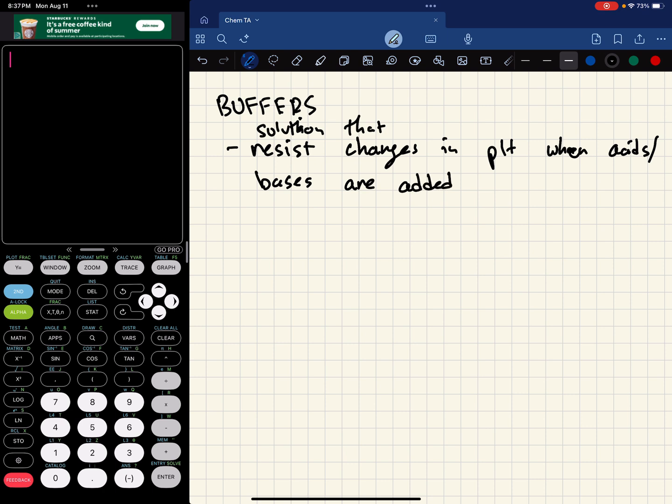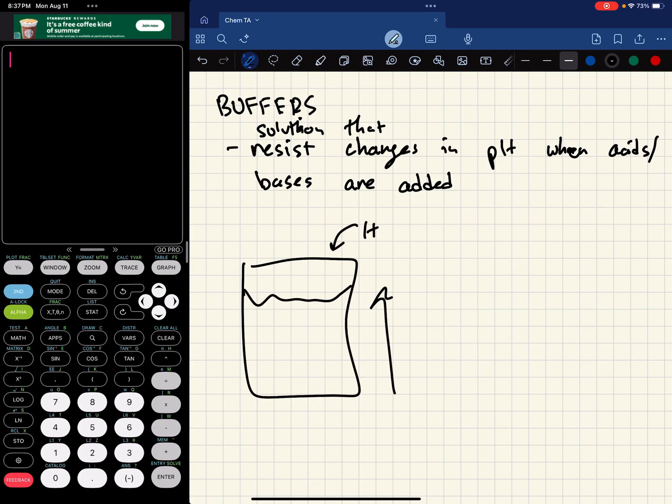Cool? So typically, like I said, if you have a solution of water and you just add an acid to it, it's going to make it acidic super fast, like immediately acidic, right? What a buffer is, it's a solution that resists that, and it doesn't let the pH change very much. So if I add acid to this buffer, it's not going to change.